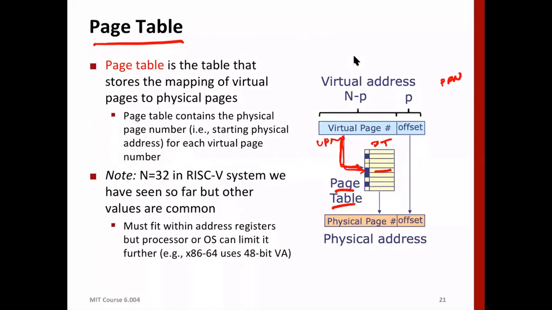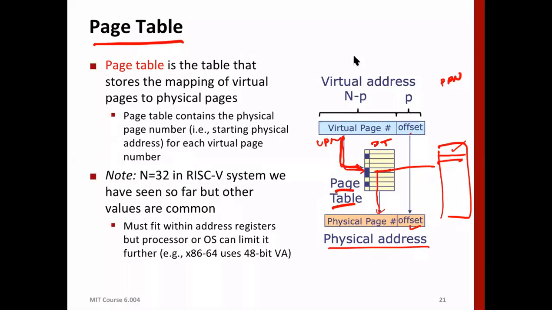Then you use this to go to physical memory, and the offset gives the particular location. So you take the physical page number from this entry and use the offset, and this gives you the physical address.